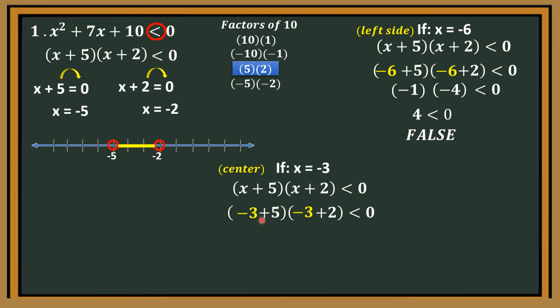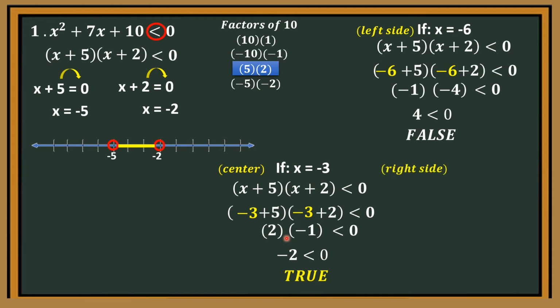Then simplify it. Negative 3 plus 5, positive 2. Negative 3 plus 2, negative 1. Just copy less than 0. Then multiply the 2, negative 2. Negative 2 less than 0? Yes, it is true. It means that center region is included in the solution set.